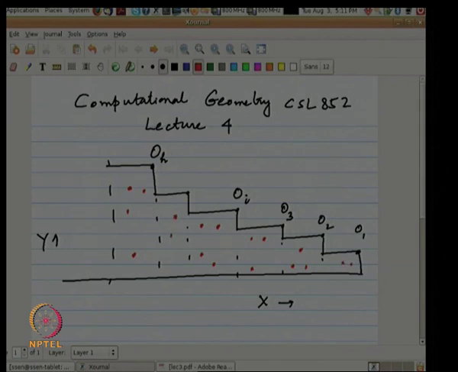Now, if you focus on just a single step of the staircase, for instance, let us say we are looking at this, all the points specifically just under this step, let us say that there are about n sub i points. So, under the ith step there are n sub i points. There are n sub 1 points here, there are n sub 2 points here, and so on and so forth, and there are n sub h points here.